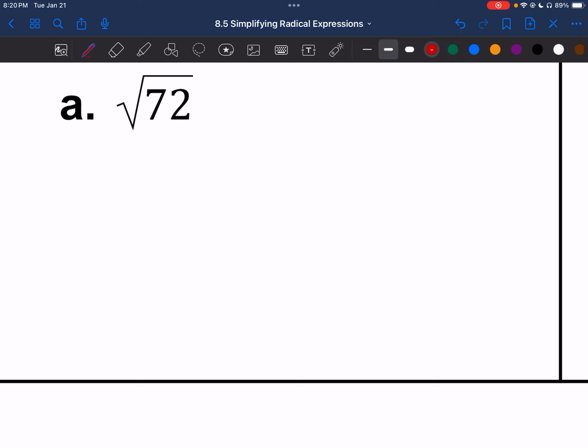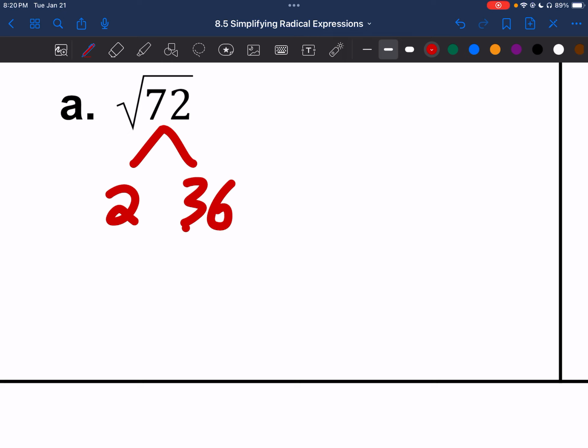But let's break this down the way we did yesterday, and let's look for our factor trees. 72 is an even number, so I know that I can divide by 2, because I don't know the factors of 72 off the top of my head. 2 times 36 is 72. Now, I do know that 36 is a perfect square, which breaks down to 6 times 6.